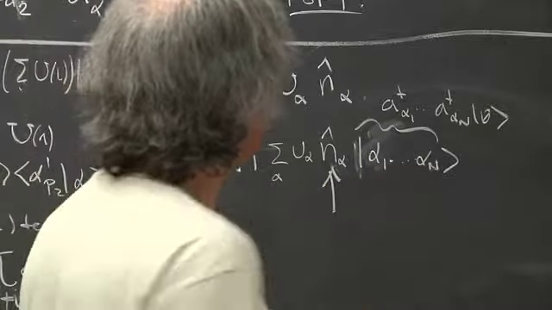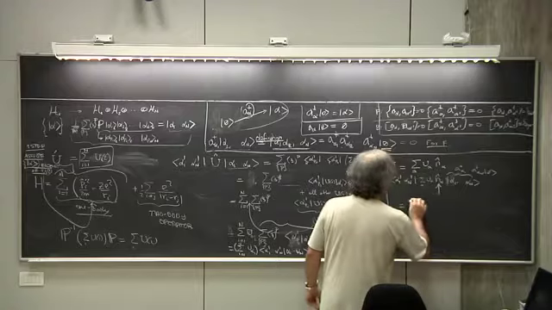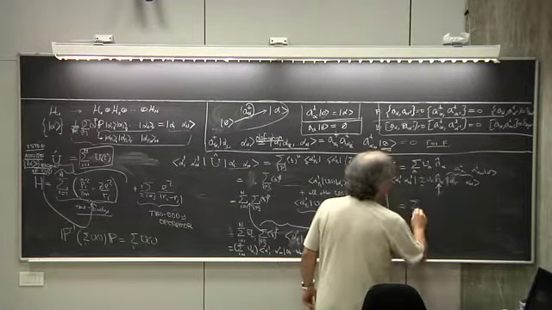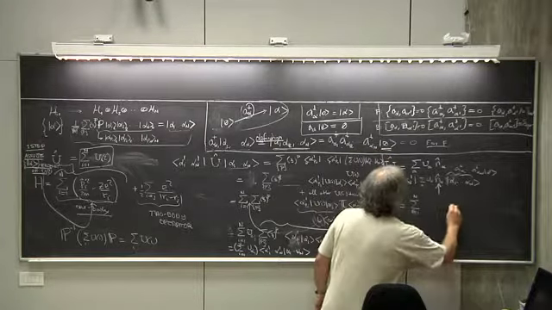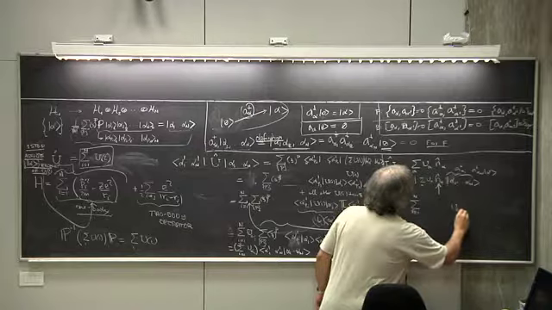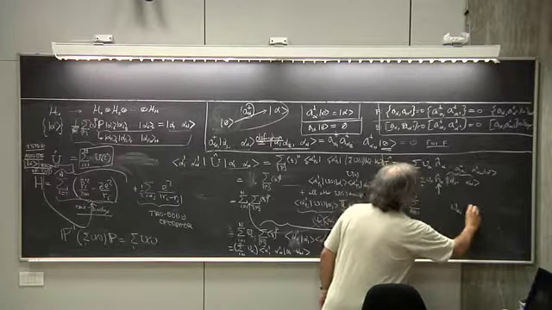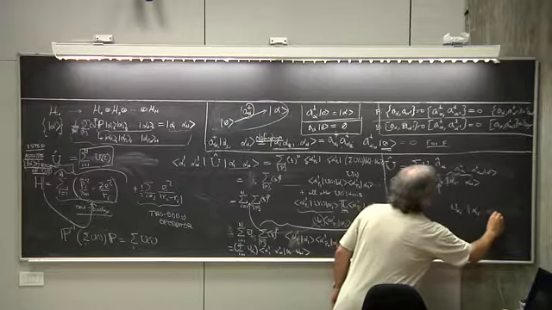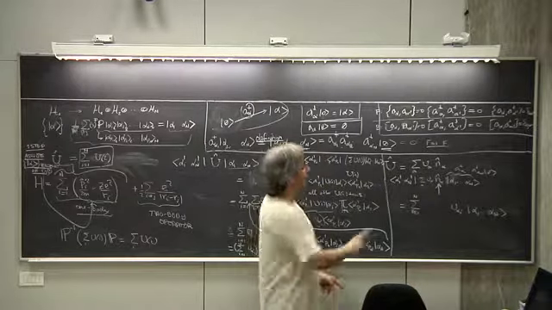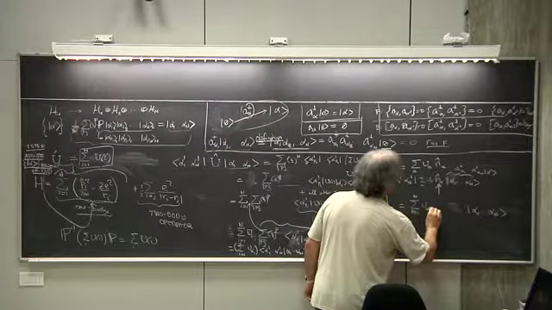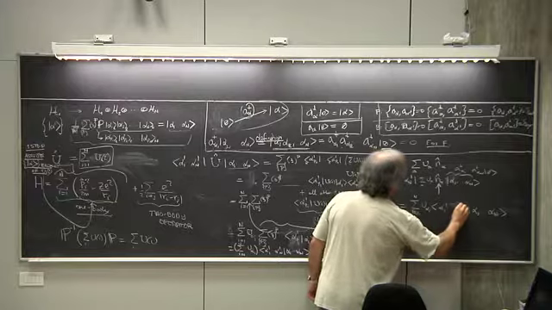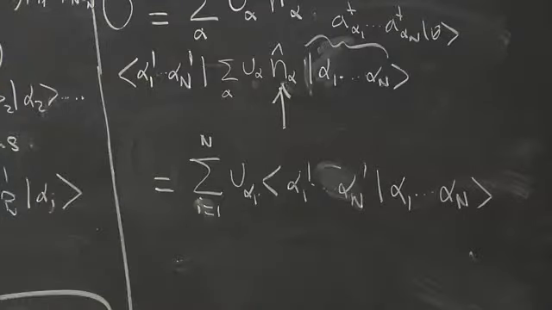So the result of this immediately is sum over all alpha I, so sum over I from 1 to n, of u alpha I times 1 times the state itself. Okay? And then you have to take the scalar product with this guy. But this is a number, so let me put it here. Alpha 1 prime, alpha n prime. Okay? You see one line, and I got the same result.